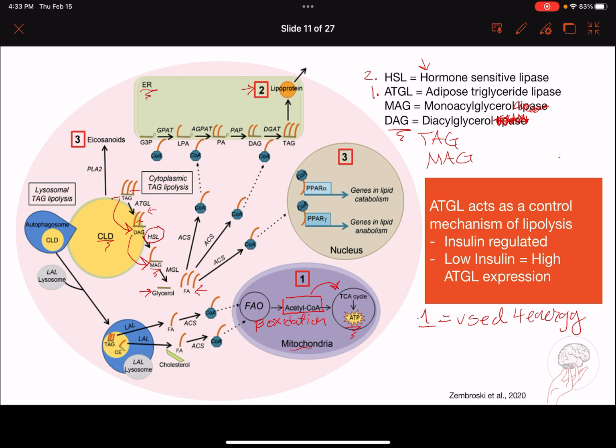From a monoacylglycerol, we then can have, which isn't shown here, but it is the 3rd, monoglycerol lipase. And unsurprisingly, monoglycerol lipase is going to clip off 1 fatty acid. And now we're left with our glycerol, and we have 3 fatty acids.